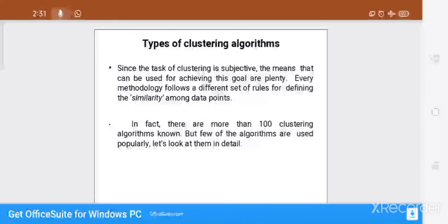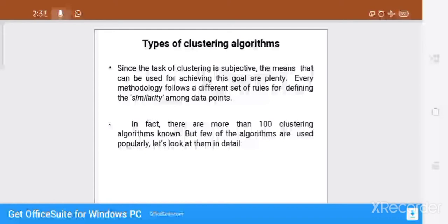Now we see the types of clustering algorithms. Since the task of clustering is subjective, the means that can be used for achieving this goal are plenty. Various methodologies are used to set the rule for defining the similarity among the data points.